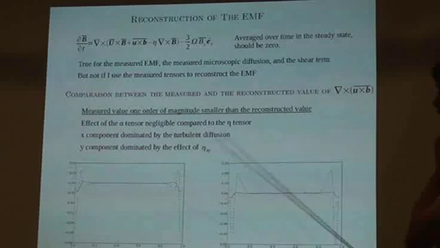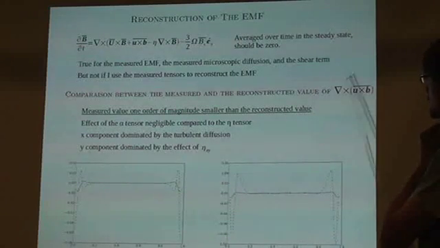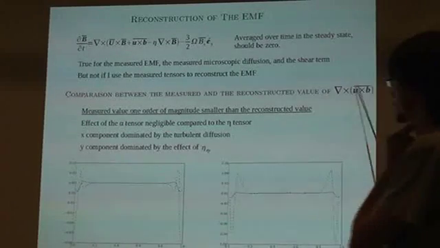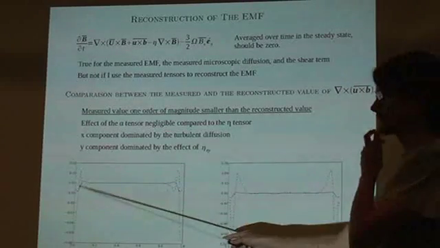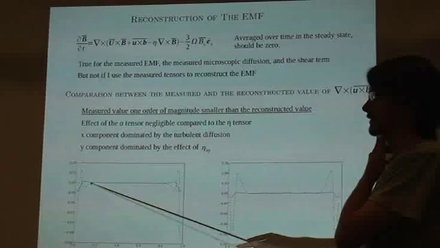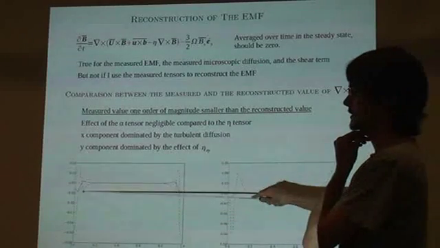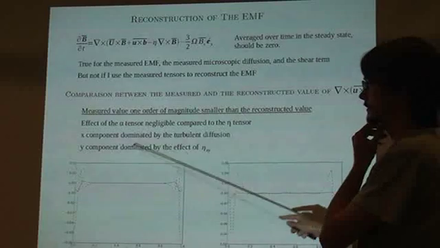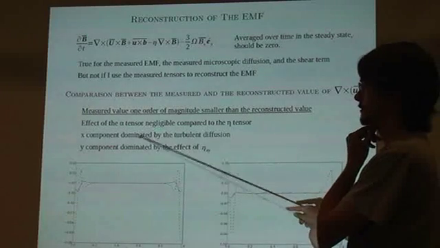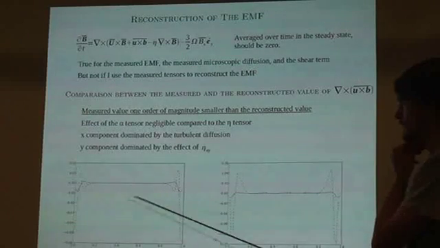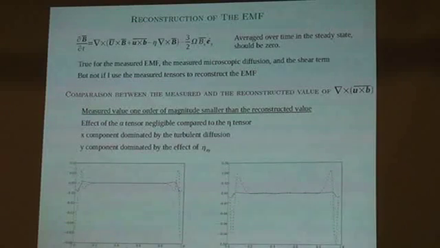Here what I have plotted are the x and y components of this. The solid line is the measured value, but it has been multiplied by 10 in order to be visible, and the dashed line is actually just the dominating component of the reconstructed values. So we see that it's really not in agreement.